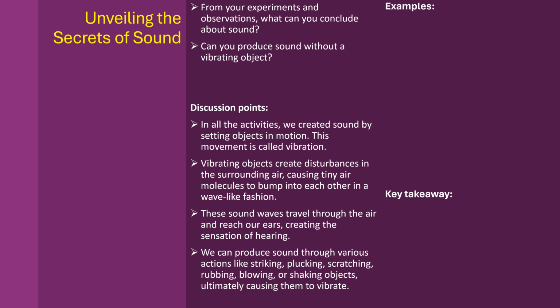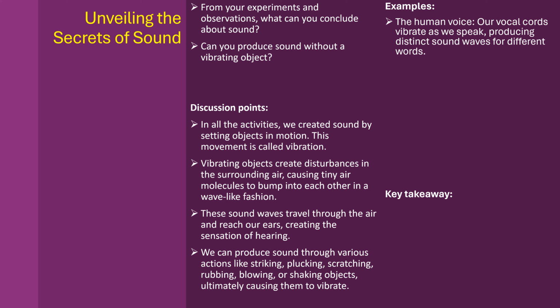We can produce sound through various actions like striking, plucking, scratching, rubbing, blowing, and shaking objects, ultimately causing them to vibrate. See, this is a way to create sound. At the end of the day, objects vibrate, and that in turn creates the sound.